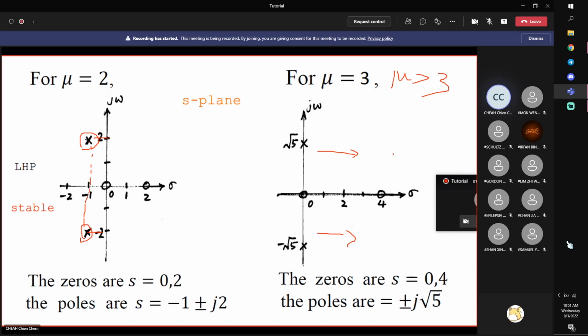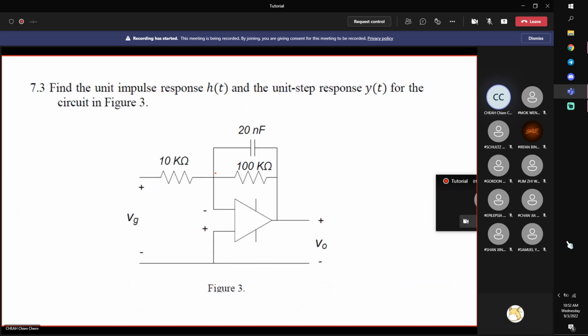So in other words, we can derive the transfer function, check the location of the poles, which is the denominator of the transfer function equal to 0, and then use that to check whether our circuit is stable or not, before we further analyze it.